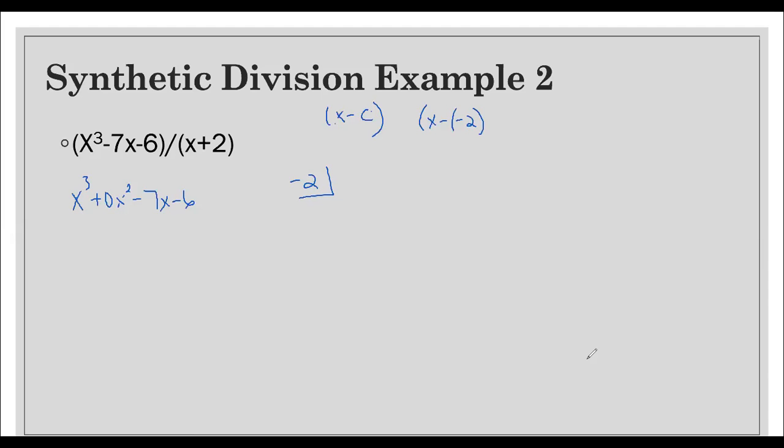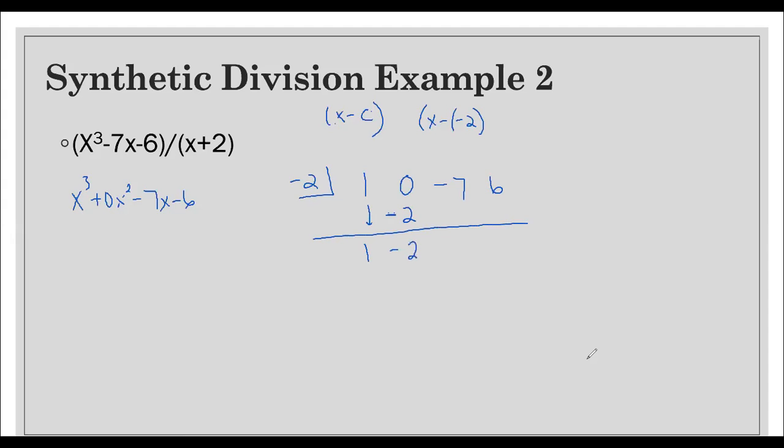Okay, and now we're going to bring down our coefficients. We have a 1 in front of our x cubed, a 0 in front of our x squared, a negative 7 in front of our x, and we have a negative 6 as our constant. So again, we bring this 1 down. Then we do 1 times negative 2, which is negative 2. 0 plus negative 2 is negative 2.